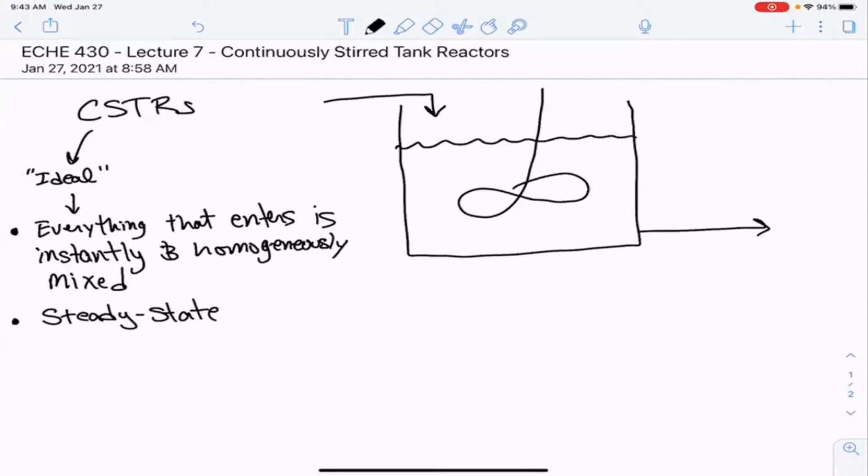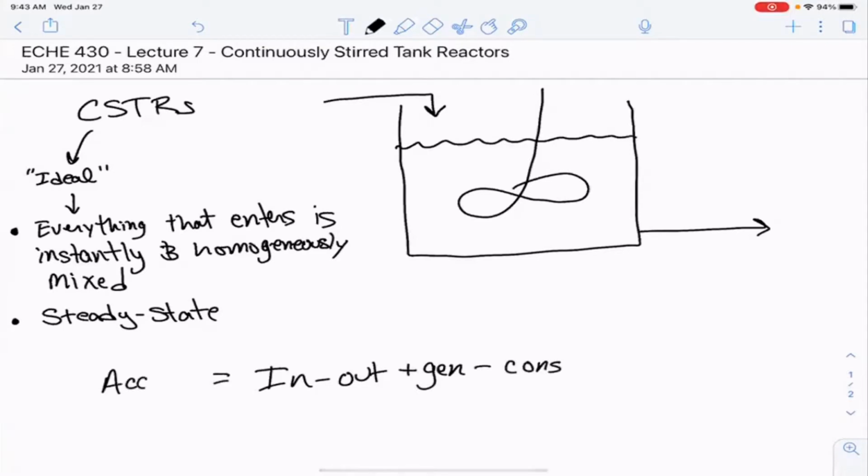And so the question that I think of first is, given these new conditions, right, that are much, much different from the operation of a batch reactor, how does this affect the mole balance? Well, remember that our mole balance is just in minus out plus generation minus consumption is equal to accumulation, right?